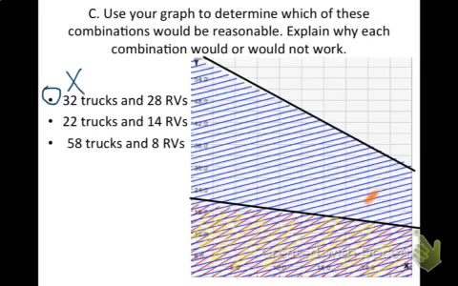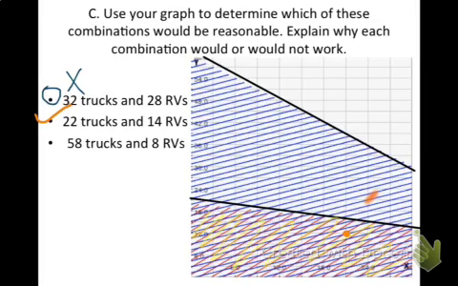So for the next one, if you go to 22 on your x and then go up to 14, it does fall where you want it. Okay, so it's around there. It's not perfect, but it's around there. So this one actually works, the second one.